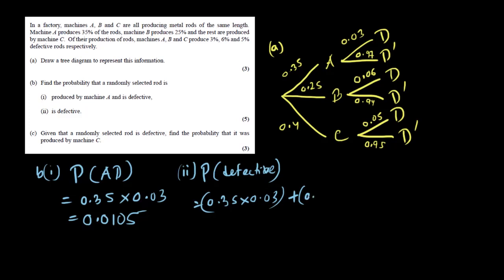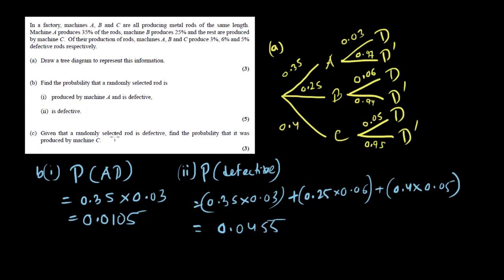So we have basically 3 permutations over here. Or it can be produced by machine C and be defective, 0.4 multiplied by 0.05, and that is going to give us the probability of the object being defective. So the probability is 0.0455.